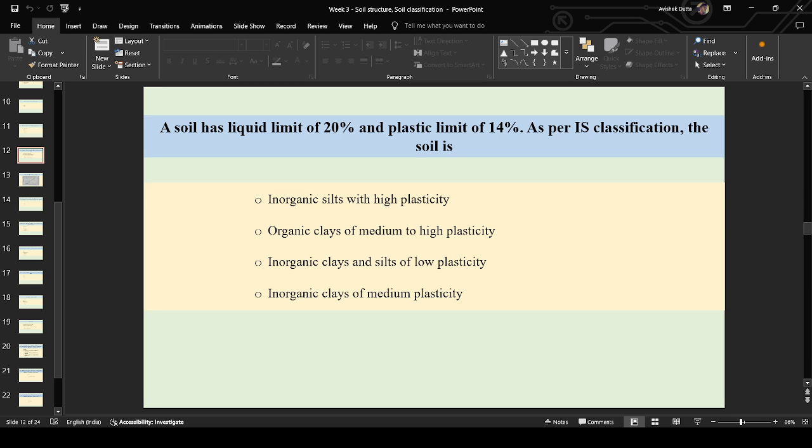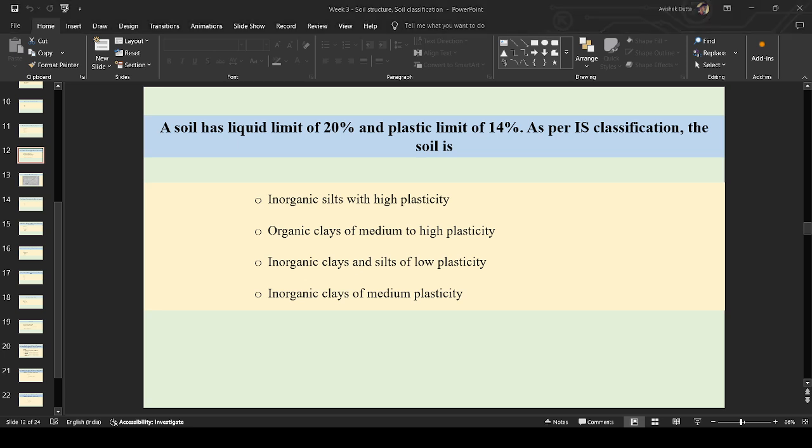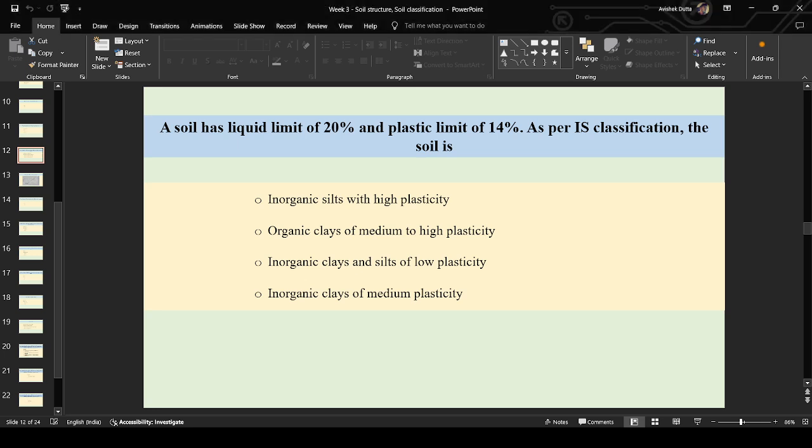I repeat the question. A soil has liquid limit of 20 percentage and plastic limit of 14 percentage. As per IS classification, that is the Indian Standard Classification, the soil is option 1, inorganic silts with high plasticity. Option 2, organic clays of medium to high plasticity.